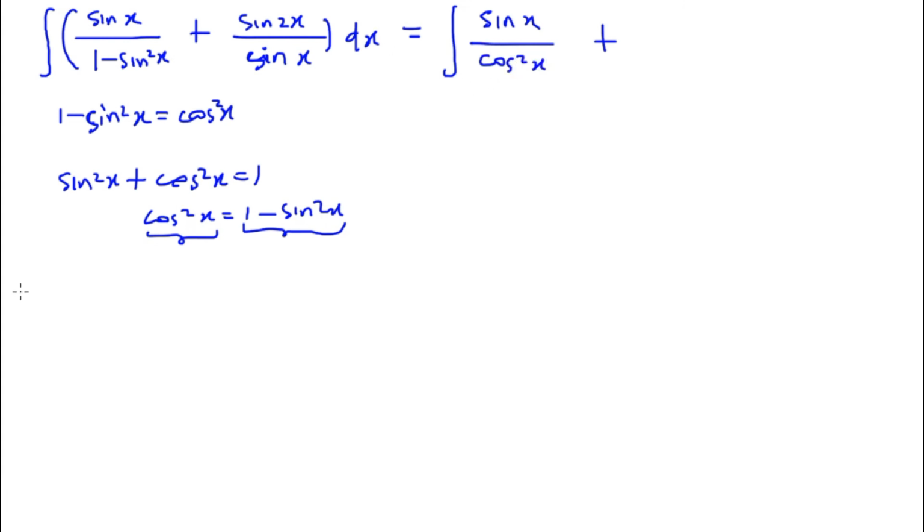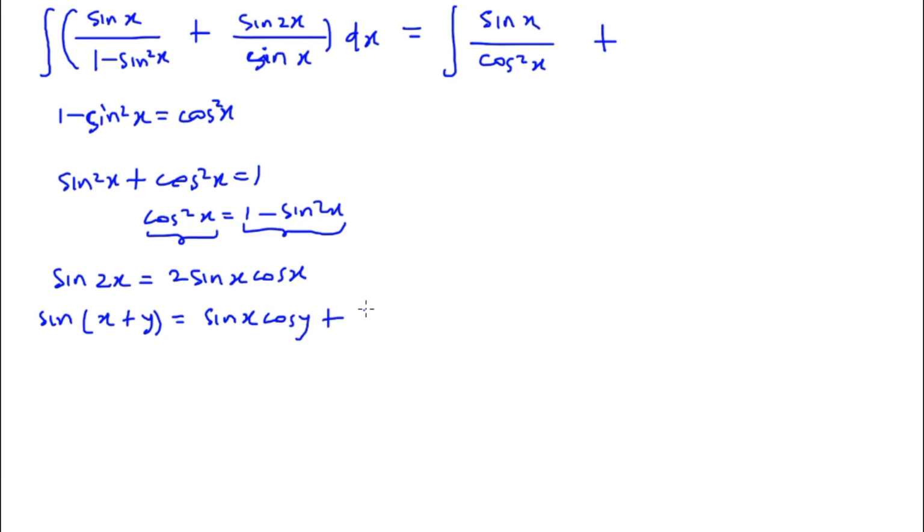Then sine 2x is from the double angle formula. Sine 2x is equal to 2 sine x cos x, and it all started from the compound angle formula, which is sine of x plus y. If I have sine of x plus y, it will be sine x cos y plus cos x sine y.